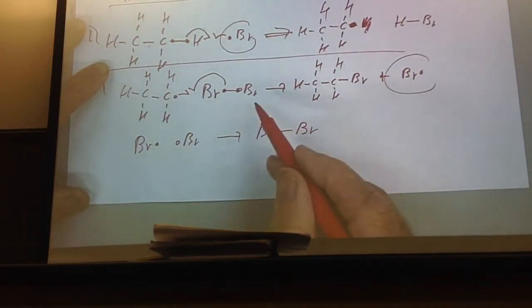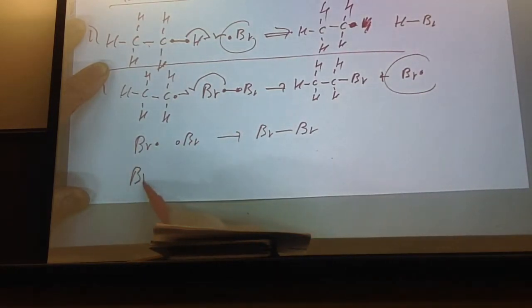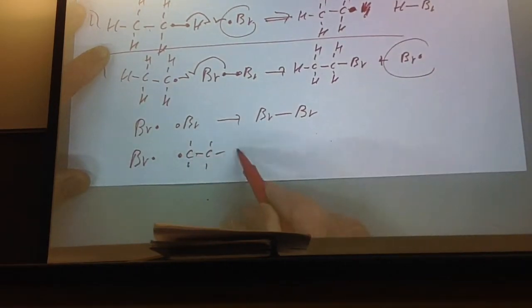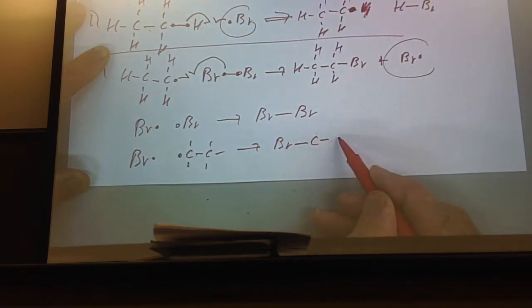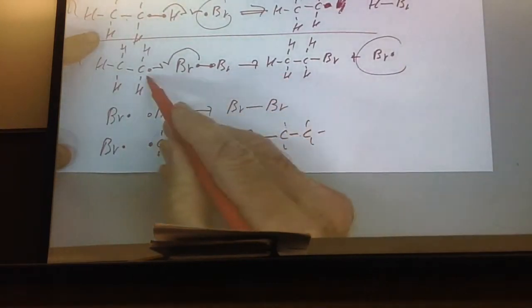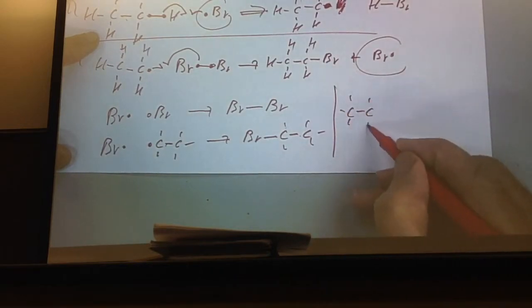Or you could have this radical and this radical collide, and you get a product, but then the process stops because you're destroying the radicals. And finally, you can get two ethyl radicals colliding.